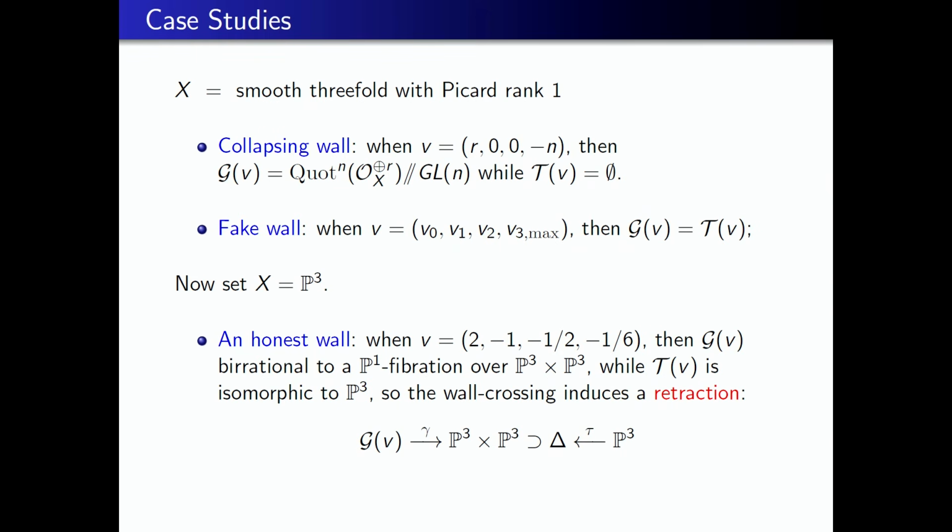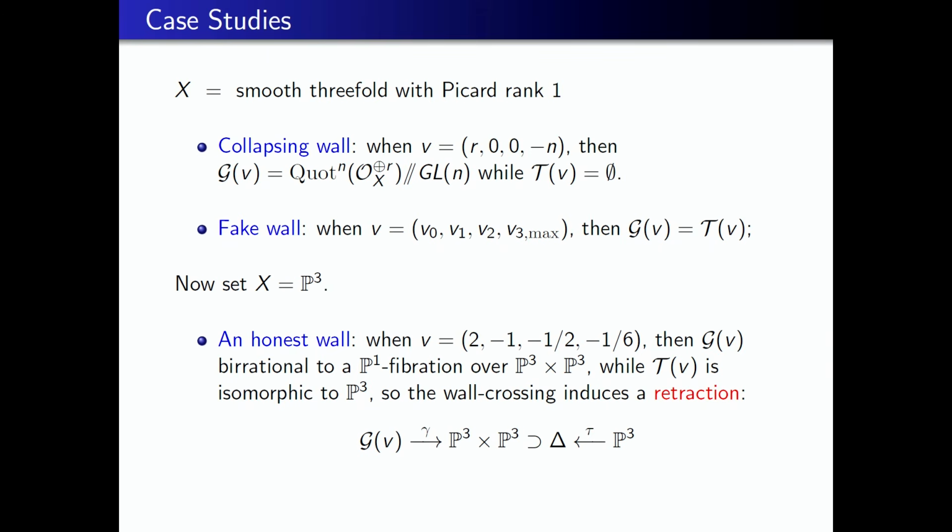So this is a situation where the wall crossing is a killing wall. It destabilizes everybody. And this is the opposite example in which this is a fake wall, in which the objects cross the wall without suffering any change.